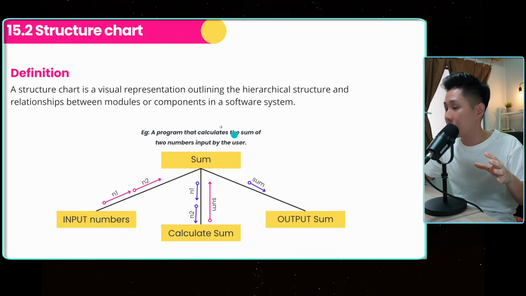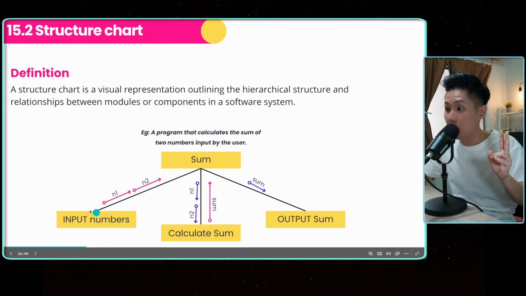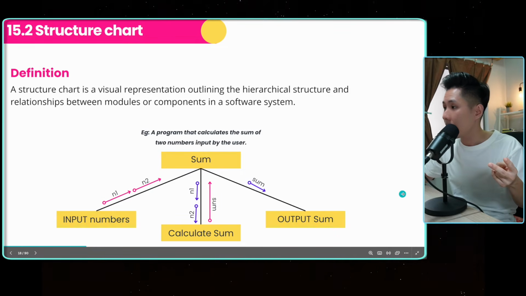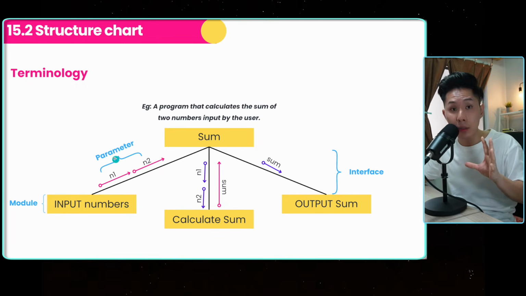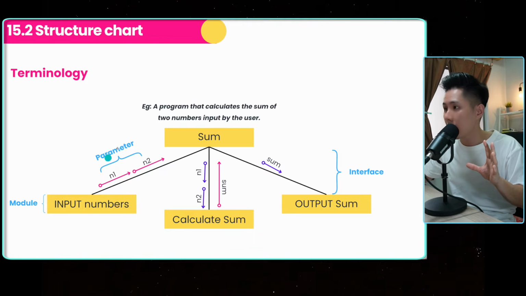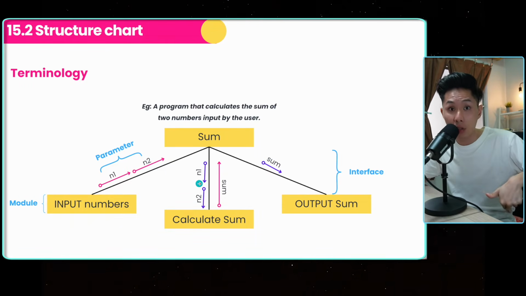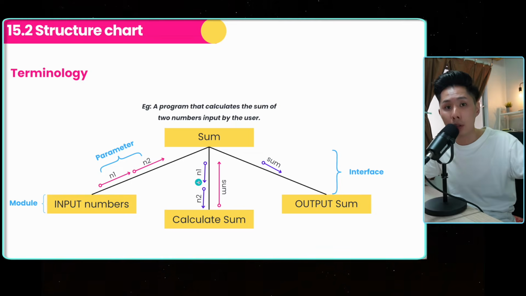For example, I have a program that will calculate the sum of two numbers. Look, what happened is that you first need to create a module that asks the user for two numbers, followed by a module that calculates sum and outputs sum. So here are some terminologies. This is called a module, and parameters are what is being given to the module and what is being output by the module.